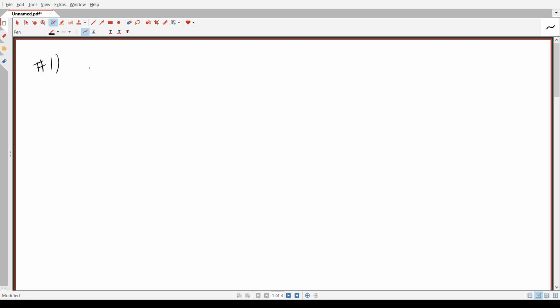it says the distance between the point, I'll just call it P, is (3, 1, 4), and Q is equal to (4, -1, 2).